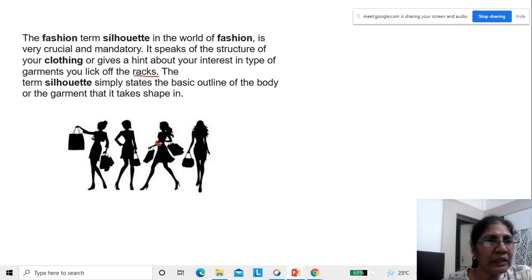So it basically defines the outline of the garment you are wearing, whether it is going to be skin hugging or a flowy kind in nature. What kind of garment are you designing? By the silhouette of the mannequin or the person wearing it, you can get the exact idea of the outfit or the garment. So silhouette plays a vital role in the fashion industry.